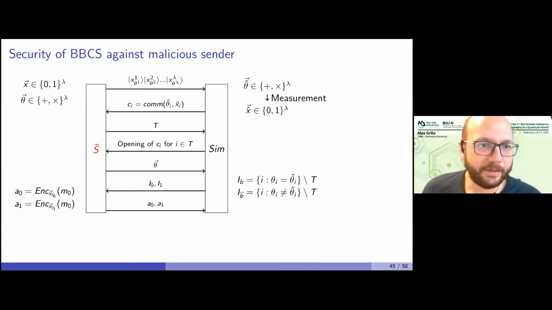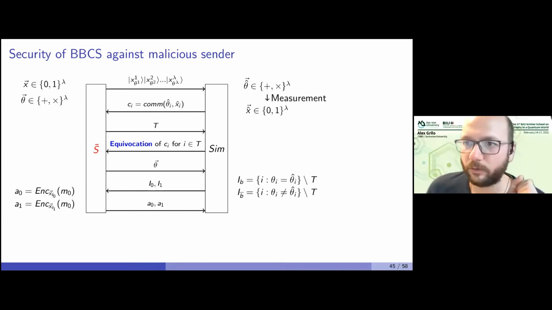So the first thing that we can change is that instead of the simulator opening the right values, we can use the property that we assume this commitment scheme is equivocal, and instead of sending the opening, just equivocate the opening for an arbitrary value that she wants. So the simulator just chooses which values are opened. And again, she's able to do that using some leverage that the simulator has over this malicious sender. And that's why it's not breaking the commitment scheme.